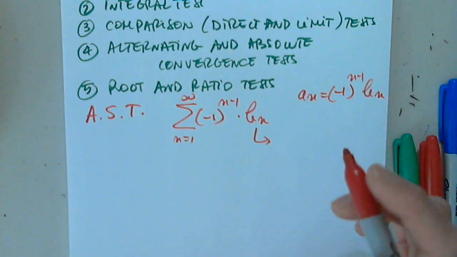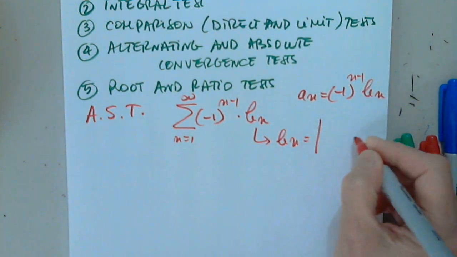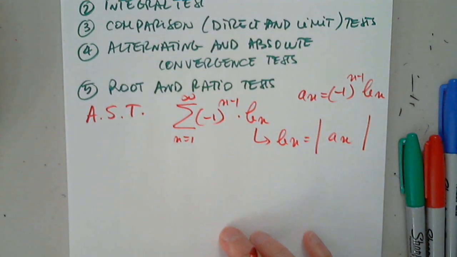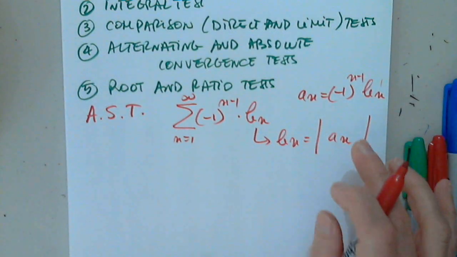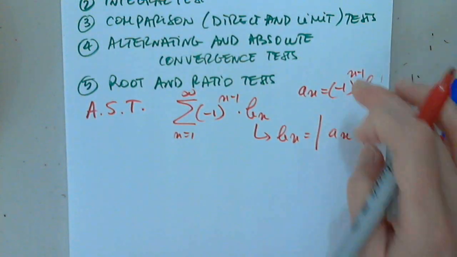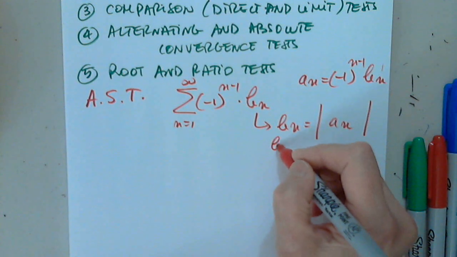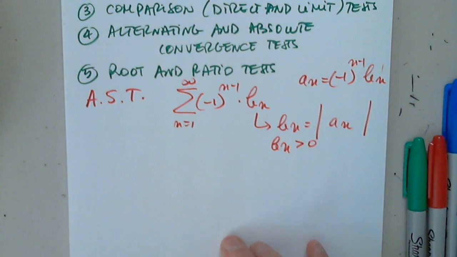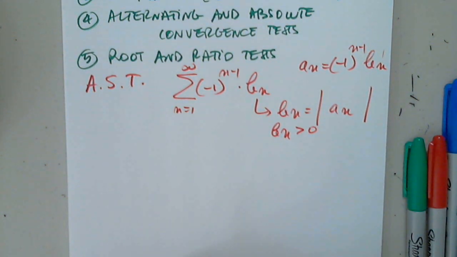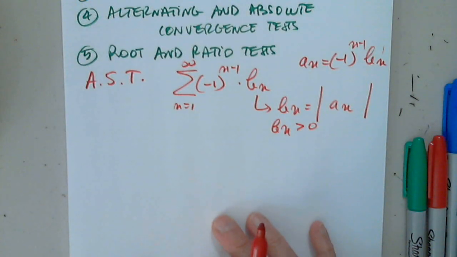What does b_n really represent? It is the absolute value of a_n. When we put this in absolute value, that's what we get, because (-1)^(n-1) would be positive. And of course, b sub n is always greater than 0 because it is the absolute value.